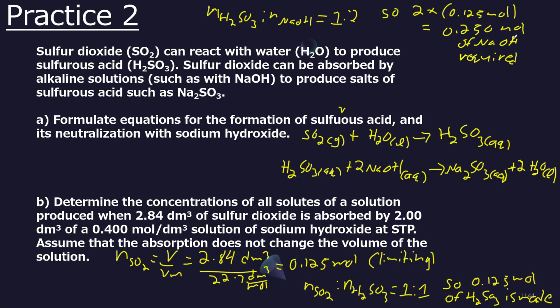Do we have that? Well, now might be a good time. Probably should have done it earlier, but we can find out exactly how many moles of sodium hydroxide we might have, but I think it will be enough. n equals c times V. Choose the right ones though, so 0.4 mole per decimeter cubed multiplied by the volume, 2 decimeter cubed.